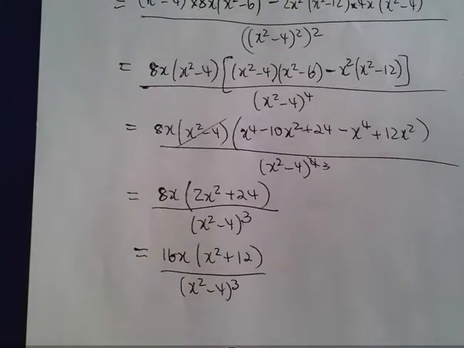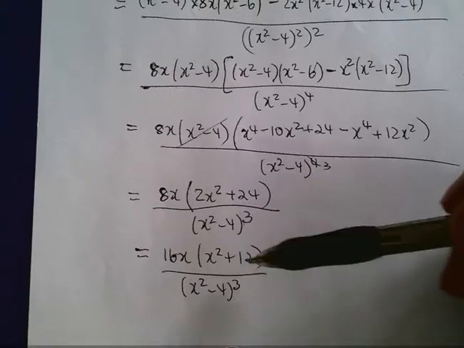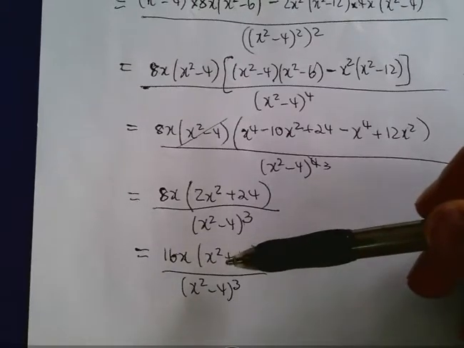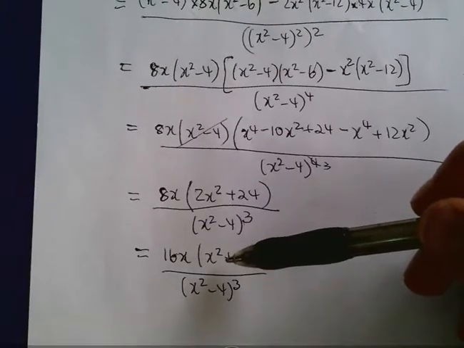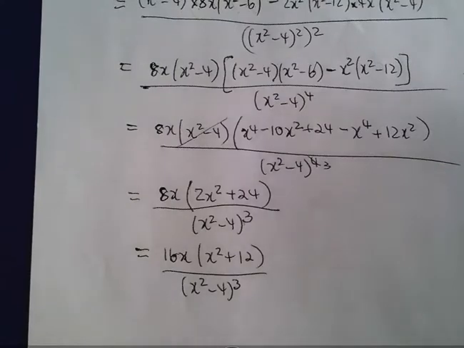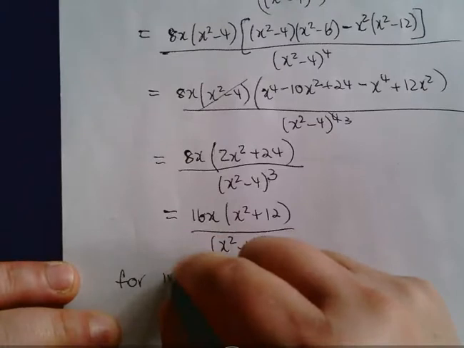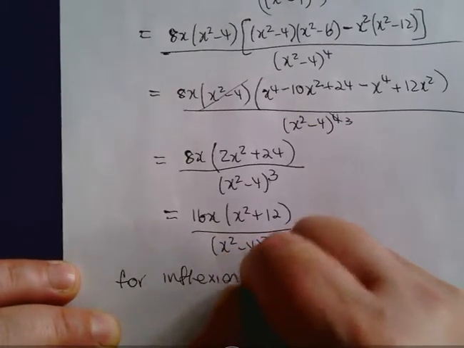We should get, when x is 0, x is 0 as a solution here. But no, and the root 12s. Oh yeah, it does. Good. So for inflections, we know that x is 0 is an inflection.